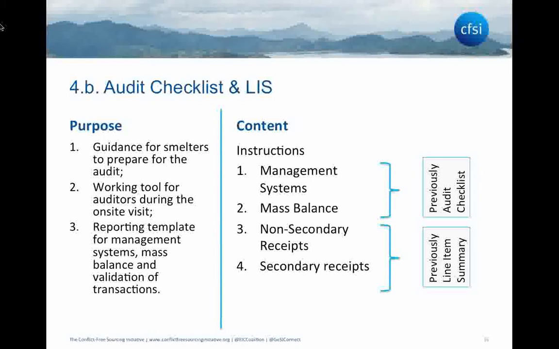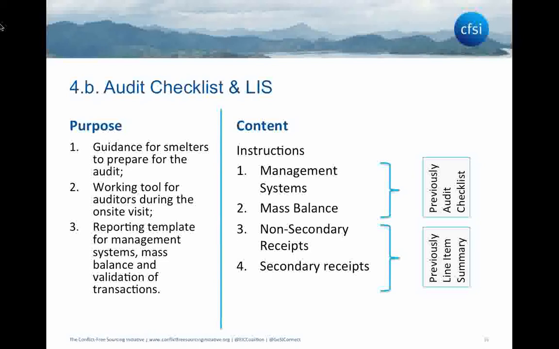So the previous audit checklist can now fit on more or less 3 pages if they're printed out. And it is really just a very short assessment of management systems for those 3 big compliance areas, the policy, the mass balance, as well as the due diligence mechanisms for level 3 countries, and includes a mass balance template that the auditor has to submit to the CFS.